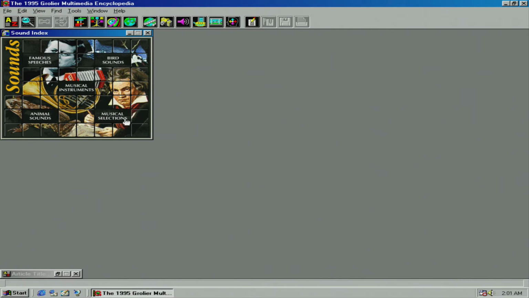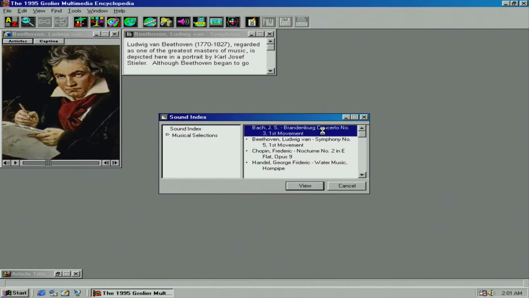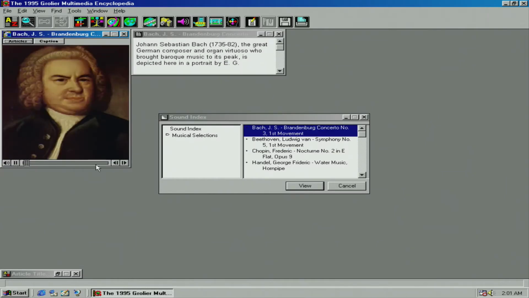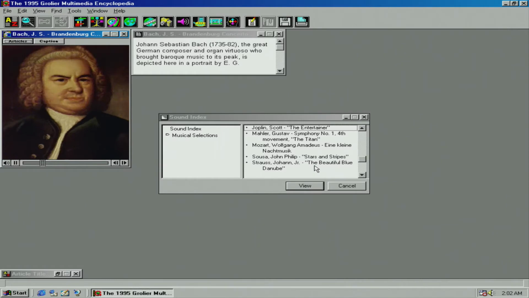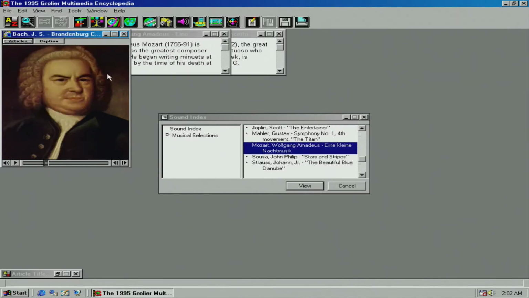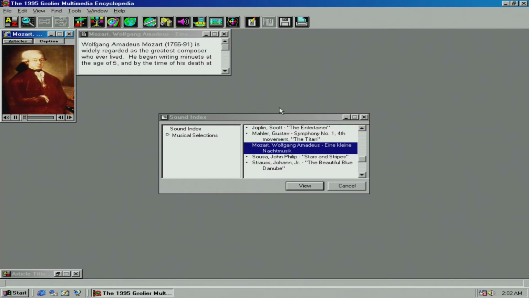Let's see, bird sound, different sounds. Is the entire symphony in there? Let's see. Okay, that's interesting.